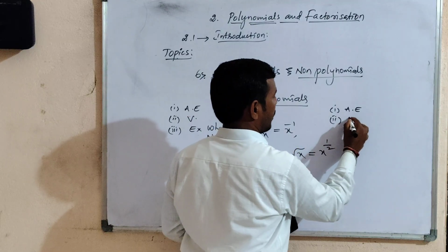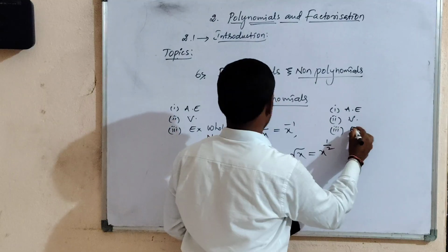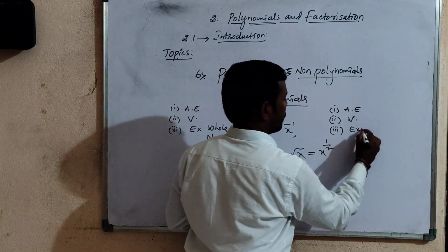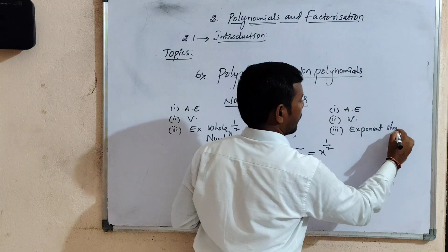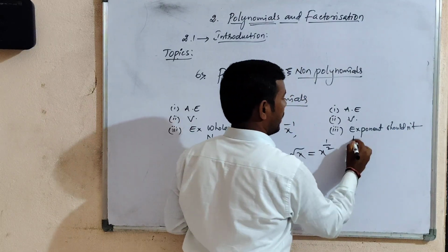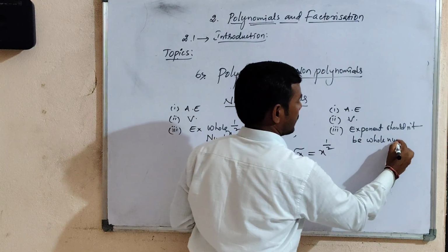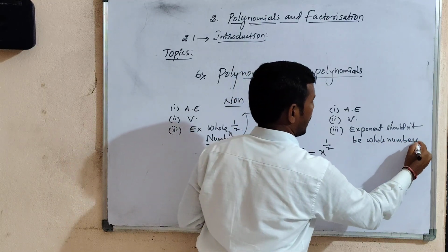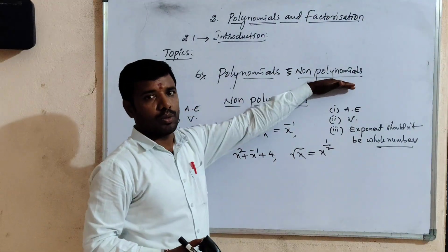Second thing, a variable is compulsory. Third case, the exponents should not be whole numbers. This is the major difference between polynomial and non-polynomial.